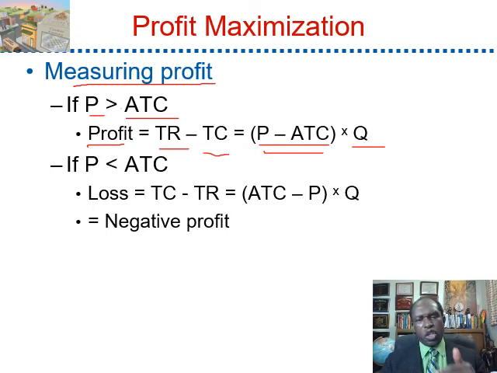On the other hand, if the price is less than average total cost, the firm will be losing money. The loss equals TC minus TR, total cost minus total revenue, which is measured by ATC minus P times the quantity sold. ATC minus P is the loss on each unit produced, and this is also known as a negative profit.